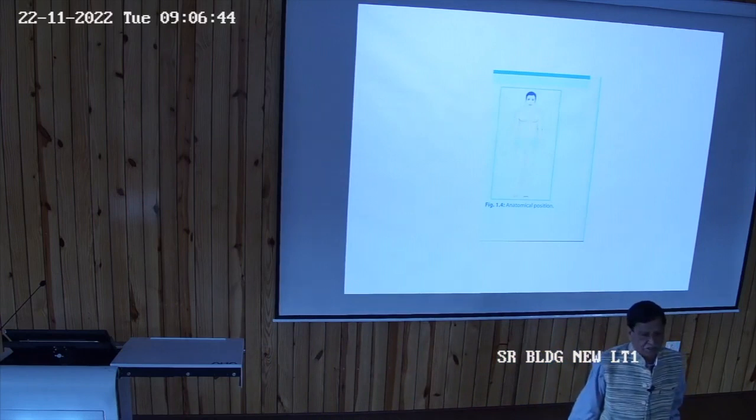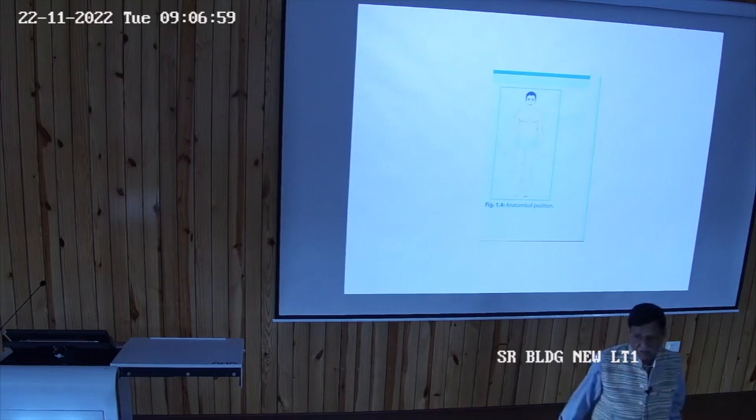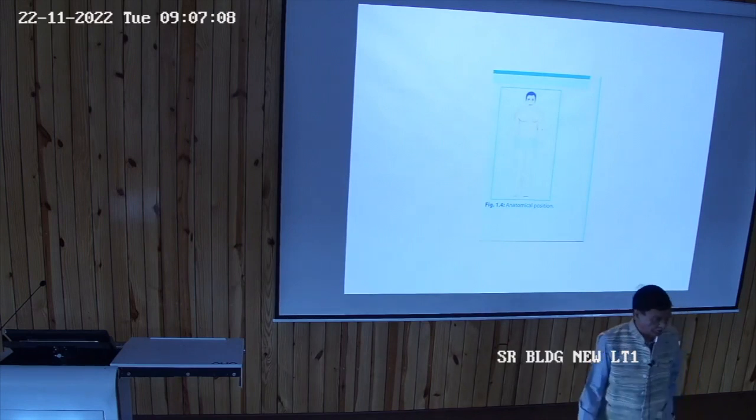Now today I will start general anatomy. That will include the different parts of the body and how we approach anatomy. The word anatomy is a Latin word derived from the Greek word anatome, which means cutting up.